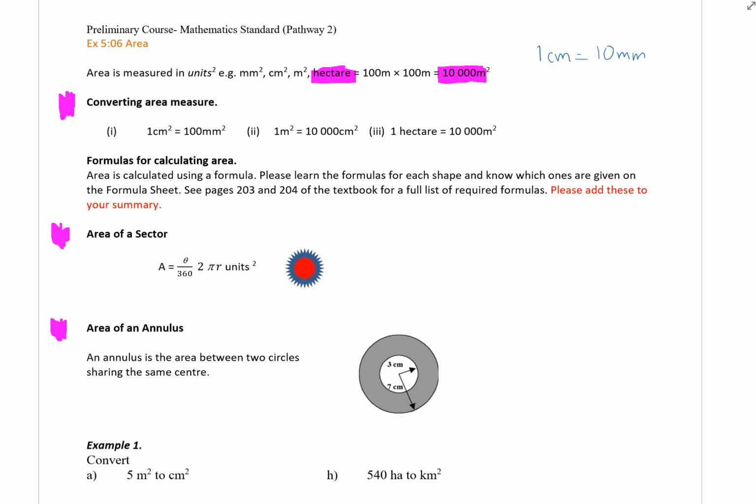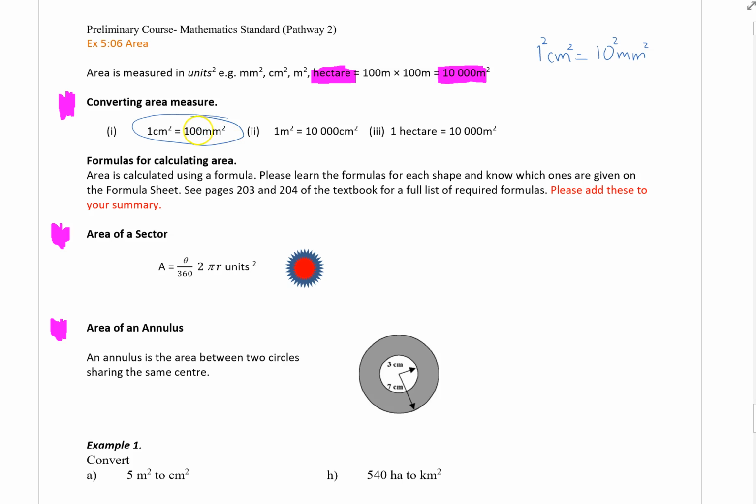So we square the 1, the centimetres, the 10, and the millimetres. 1 squared is 1, and that's where this comes from. That 1 centimetre squared is 10 squared, which is 100 millimetres squared.